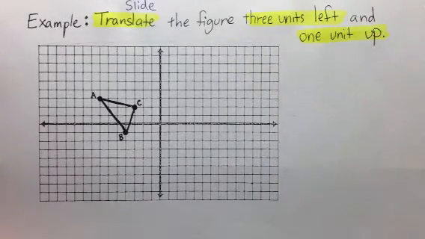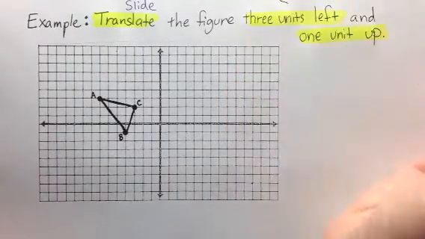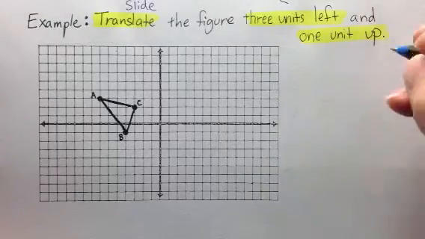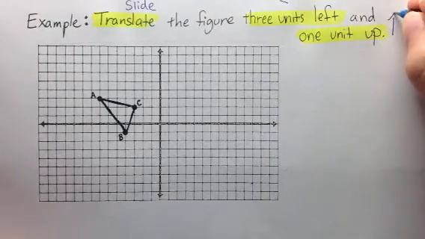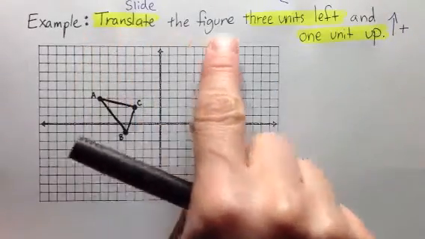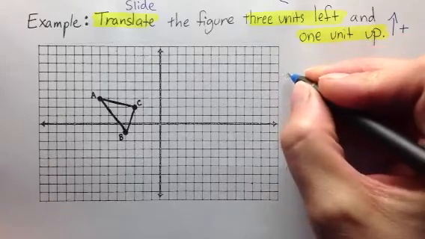So if I'm going 3 units to the left, that's this way, and it's a negative movement, and 1 unit up, that's this way, and that's a positive movement. So they gave it to me in words here. Let's write out what the rule would look like if you were given it as a rule.